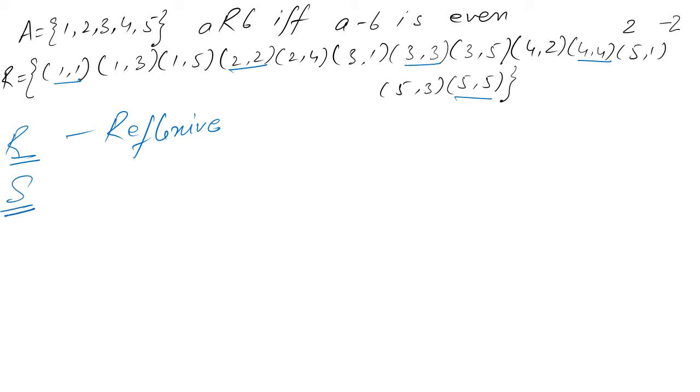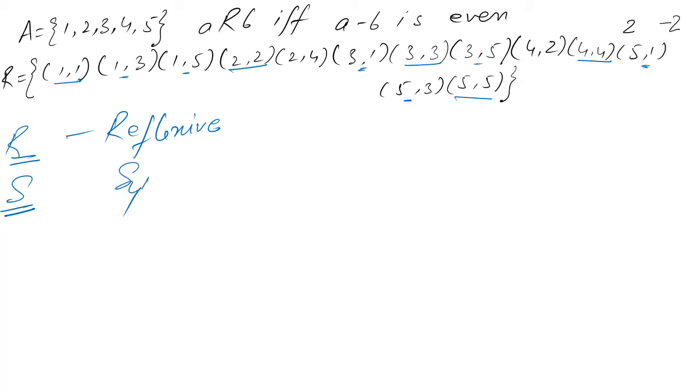Let's check for symmetricity. Right? You can see over here, if 1 comma 3 is there, 3 comma 1 is also there. If 1 comma 5 is there, 5 comma 1 is also there. If 3 comma 5 is there, 5 comma 3 is there. Obviously, if a minus b is even, then b minus a will be the negative of the same value, but it will be the same magnitude, only the sign will be reversed.